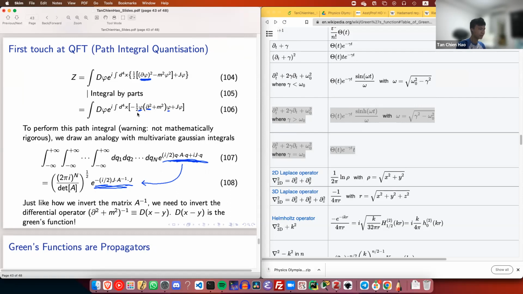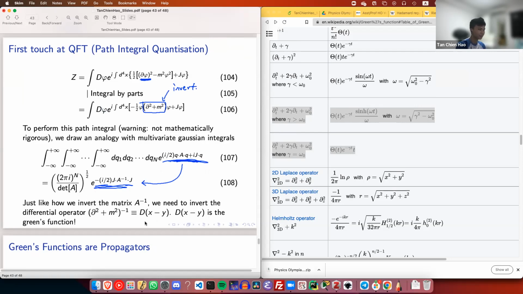So it amounts to, if we look at the path integral, right, it's quite similar. If we discretize our field phi, and we think of this as a linear operator on function space, then we just need to invert this differential operator. And we just saw precisely how to do that.